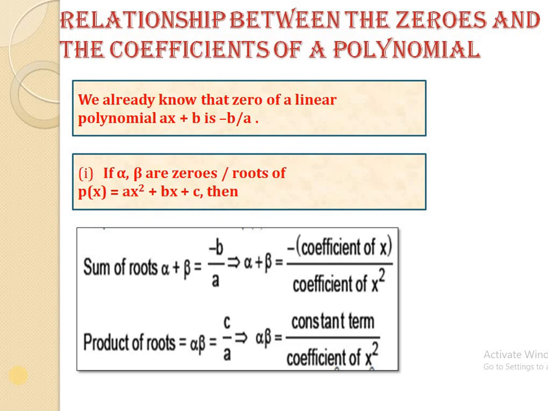Now, next is if alpha and beta are zeros or roots of a quadratic polynomial p(x) equals ax square plus bx plus c, then the sum of the roots, which is alpha plus beta, equals minus b by a, which is equal to minus of coefficient of x upon coefficient of x square. And the product of roots, alpha into beta, equals c by a, which is equal to constant term upon coefficient of x square.